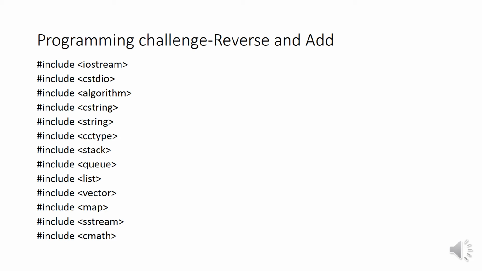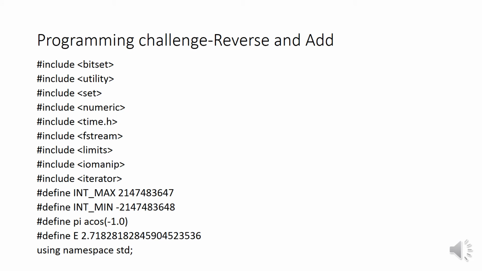Here there are a number of include files, header files: iostream, cstdio, algorithm. Except cstring, cctype, stack, queue, list, vector, map, sstream, cmath, I think those specific include files are not required. You only include iostream and algorithm. If you include those two header files, okay, you are fine.